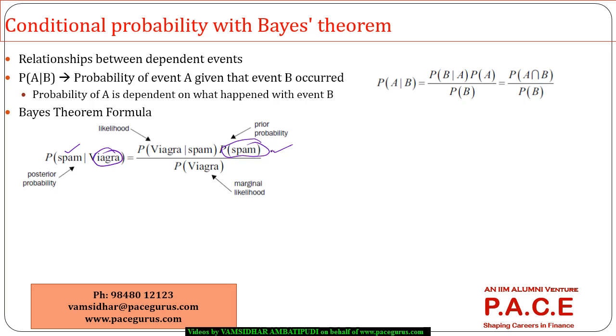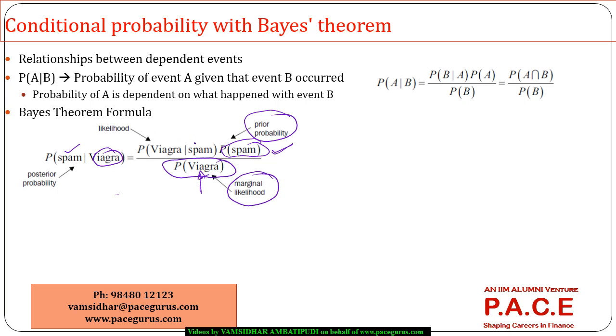What is the probability that it is a spam? So this is the prior probability. Then I am looking at what is the probability that any mail will contain Viagra, which is the marginal likelihood of the event B. So what is the probability that any mail will contain this particular word in it? Forget about whether it's a spam or not.